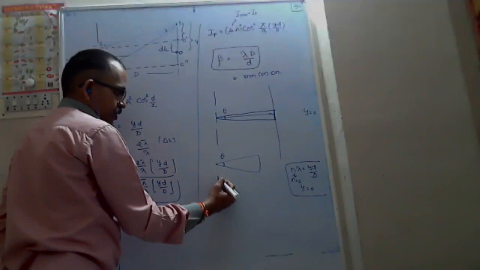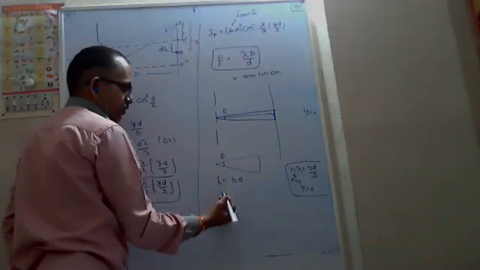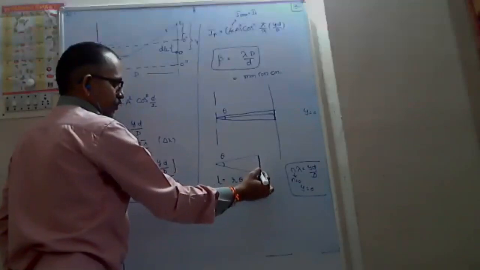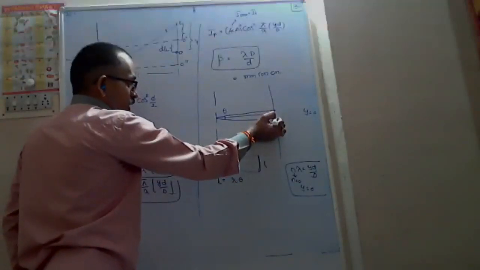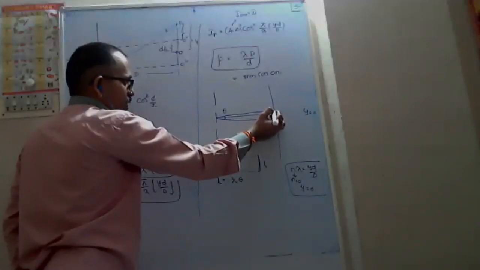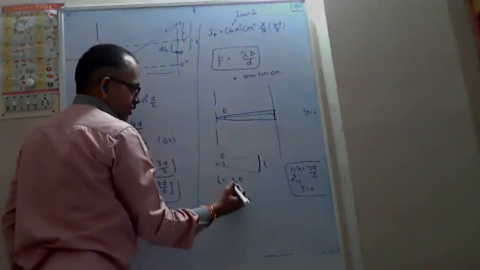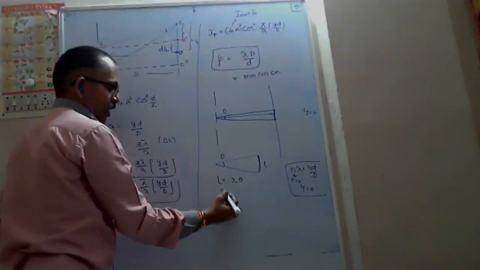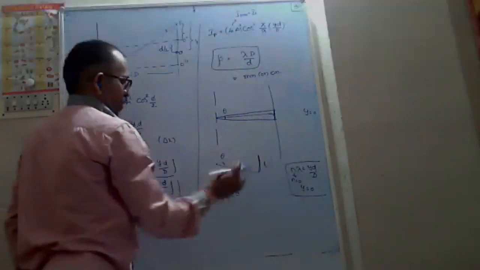L equals R theta, where L is the length of the arc. Here the length of the arc is the length of the fringe width, so I replace L with lambda D by d. Can I take it as beta? Okay, right.